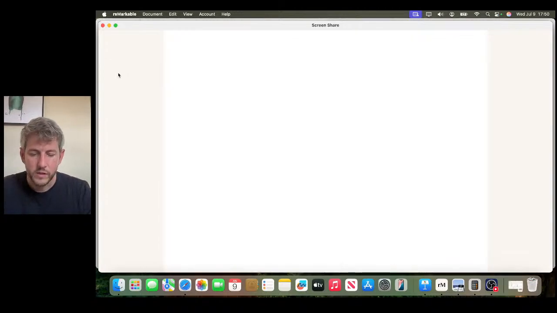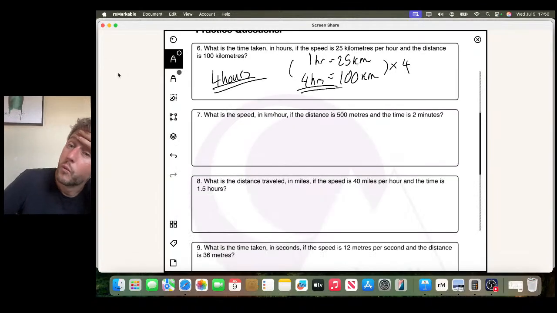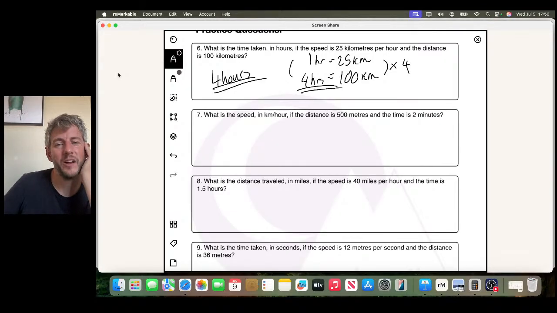Okay. Question 7. What is the speed in kilometers per hour if the distance is... sneaky. We've got different units here. So what is the speed in kilometers per hour if the distance is 500 meters and the time is 2 minutes?